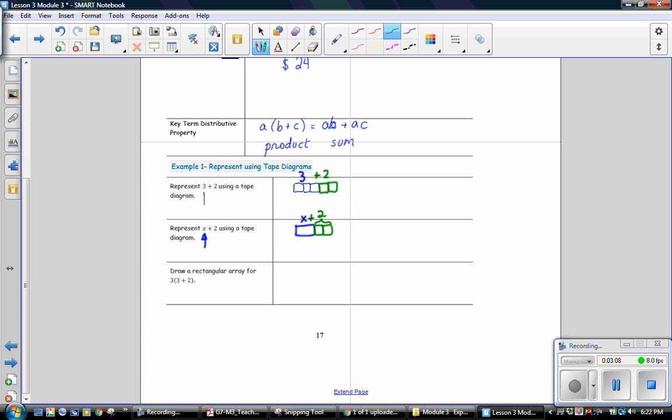Next, draw a rectangular array for 3 times the quantity 3 plus 2. This is the array for 3 plus 2, and we want to draw a rectangular array for 3 times that. So we'll have 3 rows of 3 plus 2. That's the first row of 3 plus 2, and we need 3 rows of that. So we continue drawing.